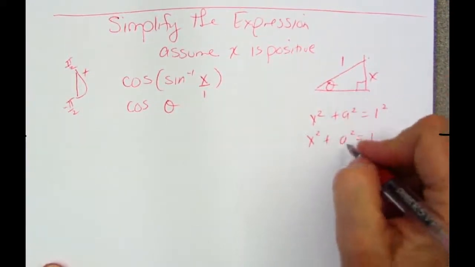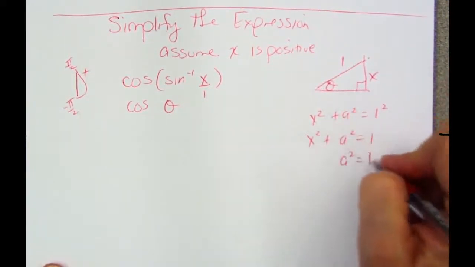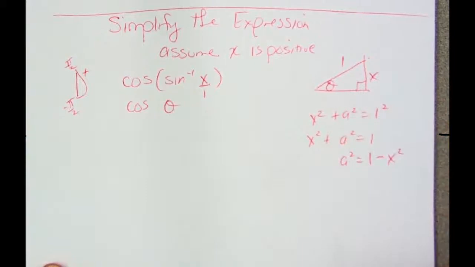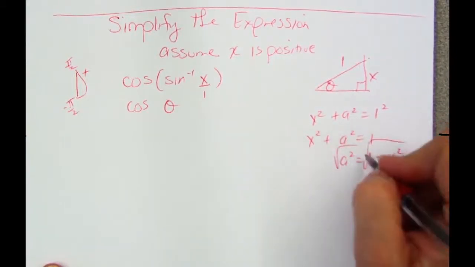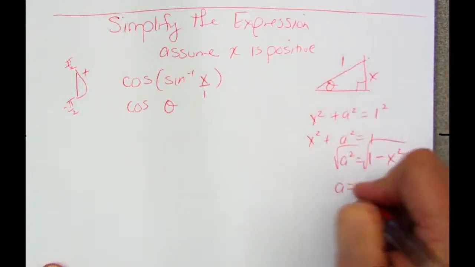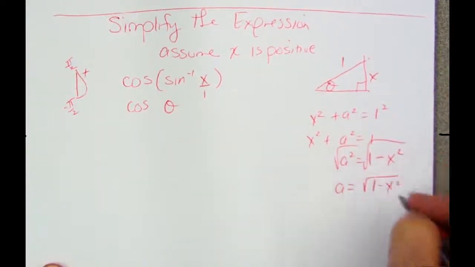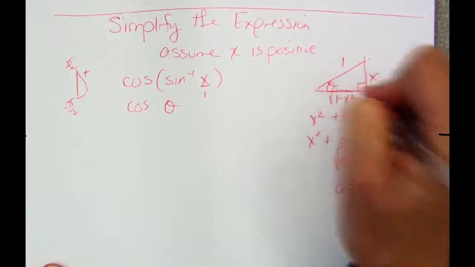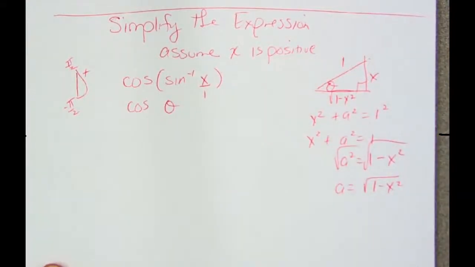So a squared equals 1 minus x squared. Now I take the square root of both sides, and I only want the positive answer, not the positive and the negative, because I'm dealing with a real triangle here. So a equals the square root of 1 minus x squared. That's the length of that side. Cool. Now I can finish this.